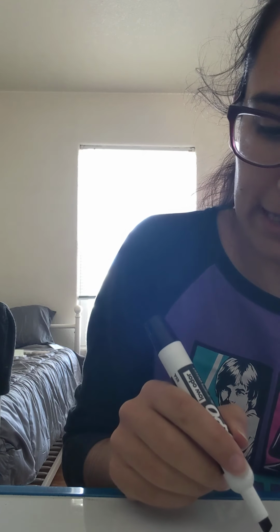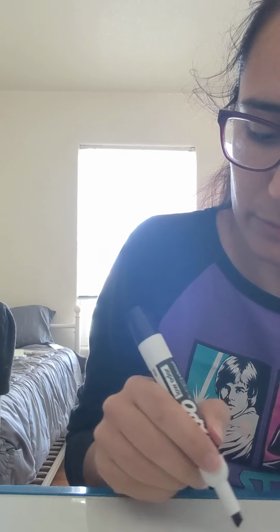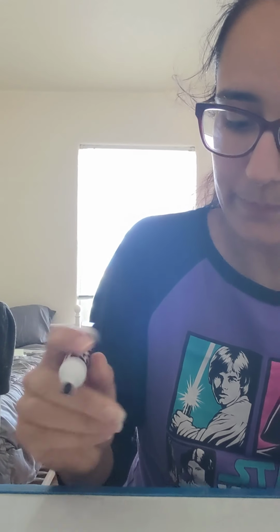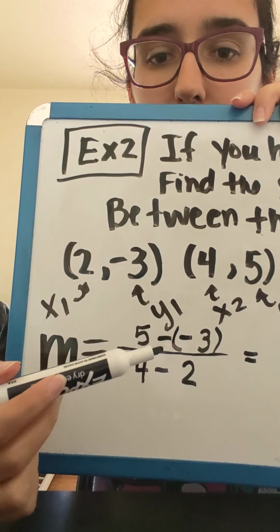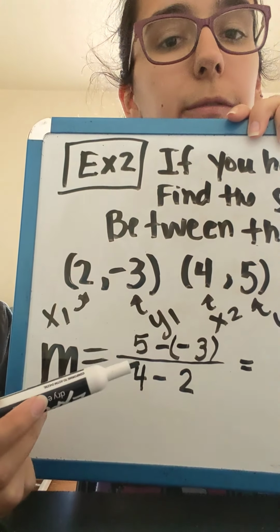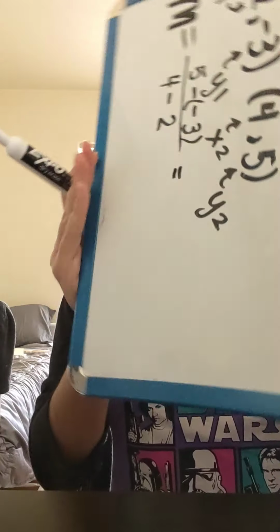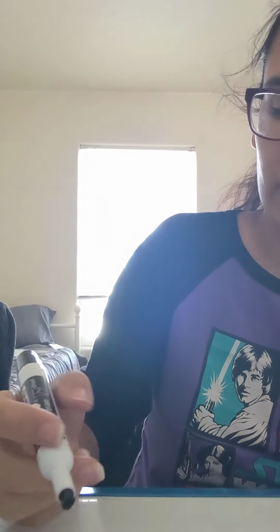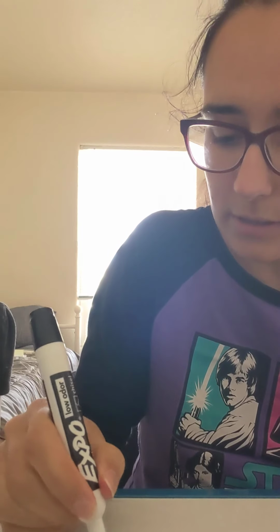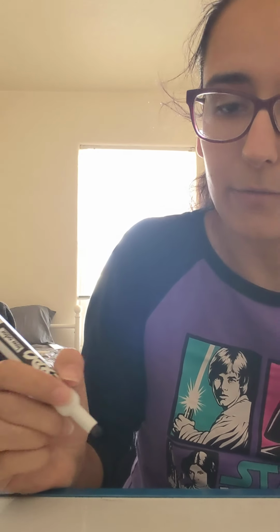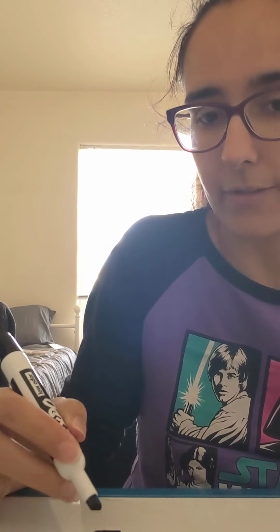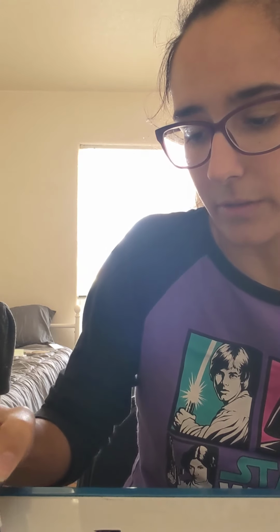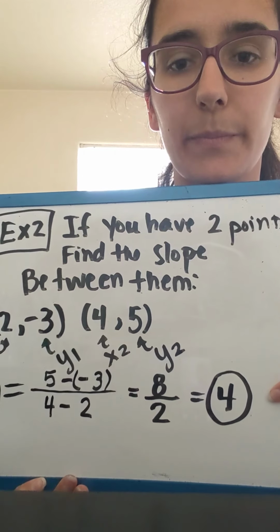Then we have x2 minus x1, 4 minus 2. Here's what we get. This makes a positive, so it's going to be 5 plus 3 instead of minus negative. So 5 plus 3 equals 8. 4 subtract 2 equals 2. So we have 8 divided by 2 equals 4, and this is our final answer, number 4.